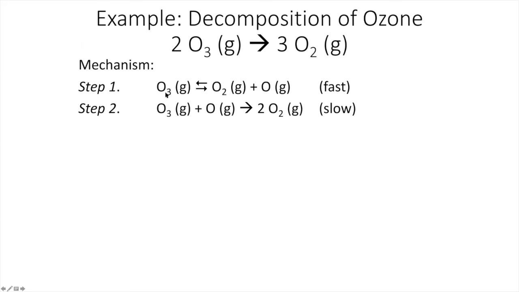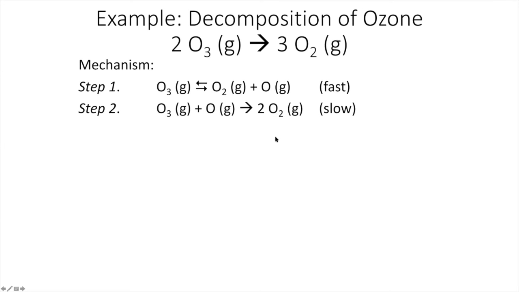First, the O3 reacts in a reversible way to form an O2 and an oxygen atom. Then another ozone, a second ozone, finds that intermediate, that oxygen atom, and reacts in a one directional way to give us two oxygen molecules, and that's the slow step.